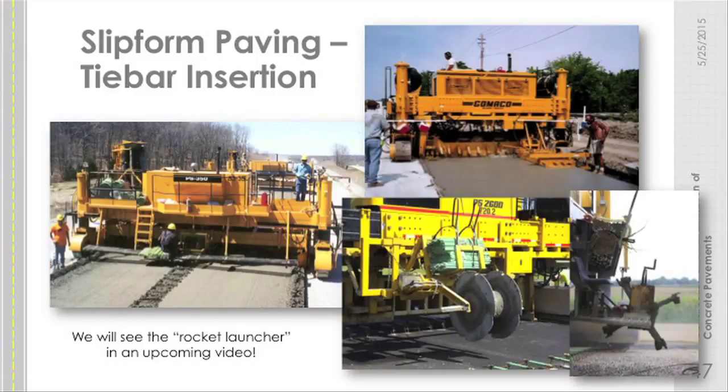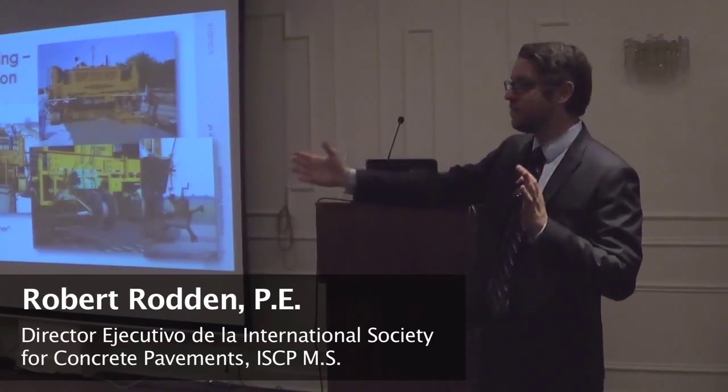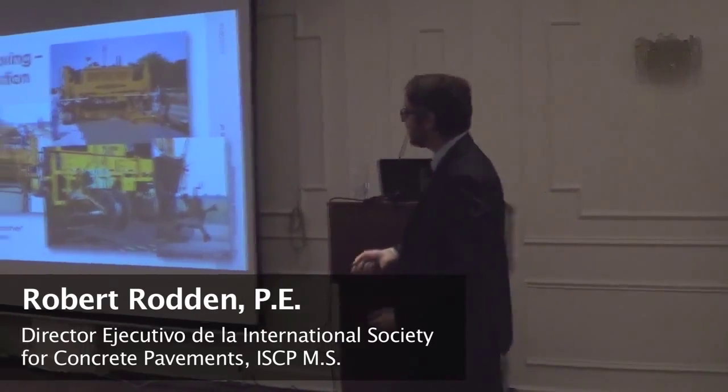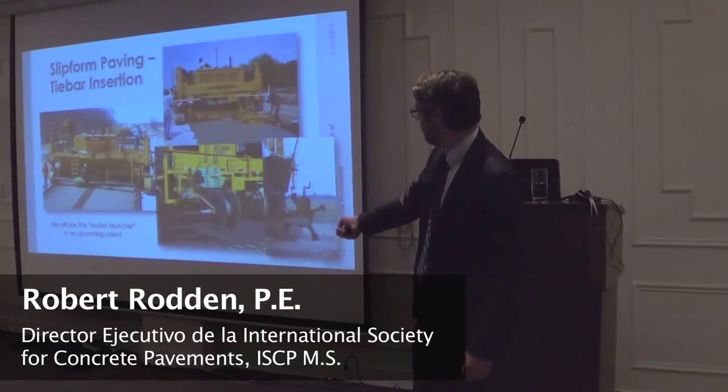So just like with dowel bar insertion, we can insert tie bars into the plastic concrete as well. This is if we're paving more than one lane at a time, so we're paving 2 or more lanes at once. It can be relatively simple. The photo is on the bottom right.